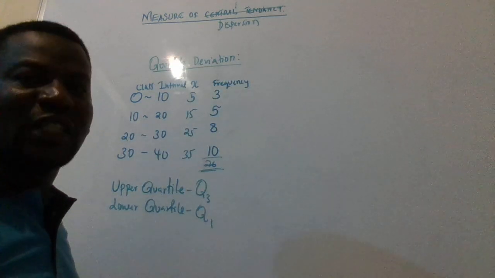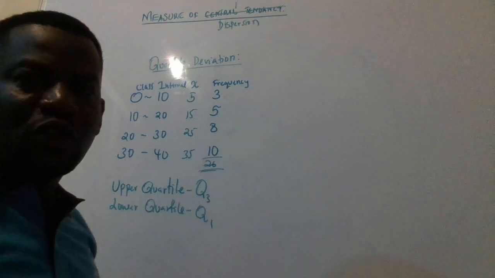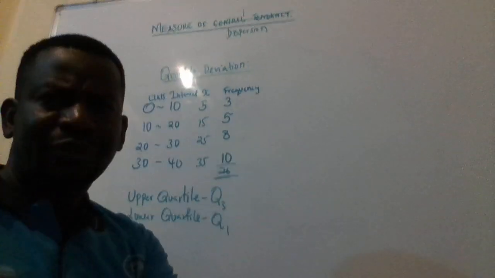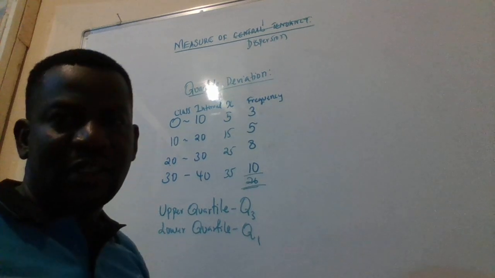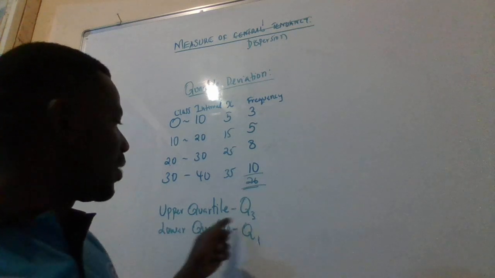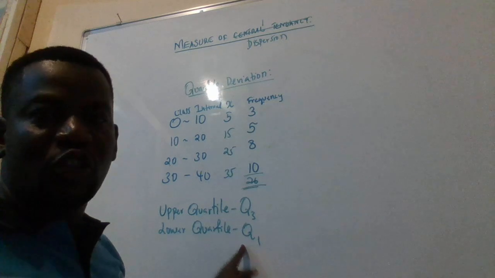In quartile deviation, we have what we call upper quartile and lower quartile. The upper quartile is Q3, and the lower quartile is Q1.